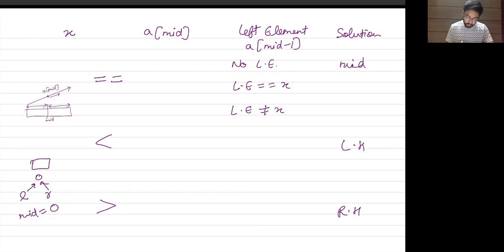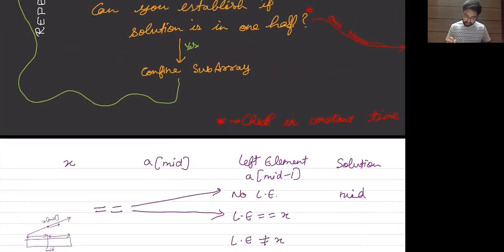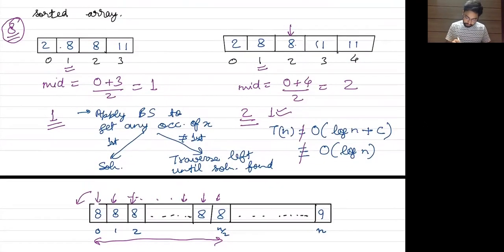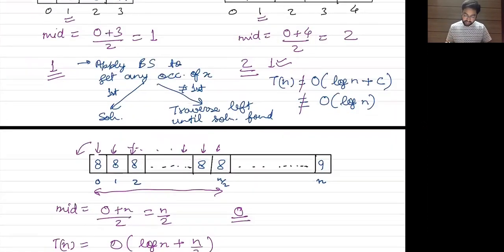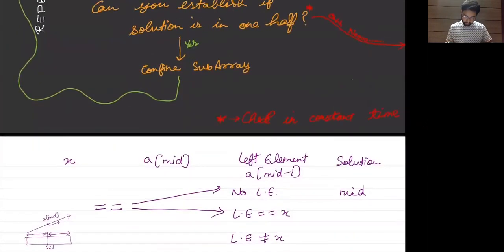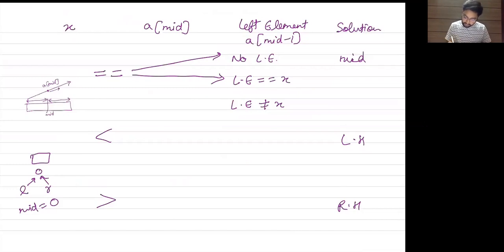If x is equal to a[mid] and left element is also equal to x, this means, like in this case, x is equal to a[mid], but the left element is also equal to x. So in this case, we can say that the solution lies in the left half, right?